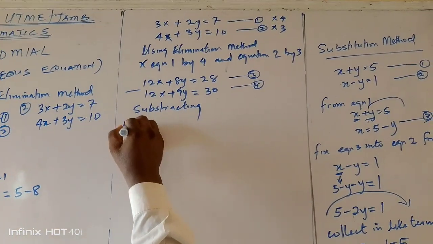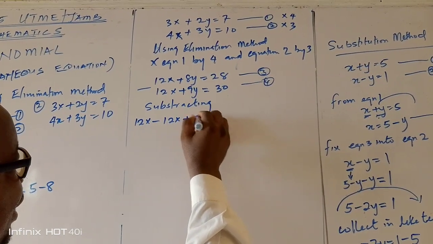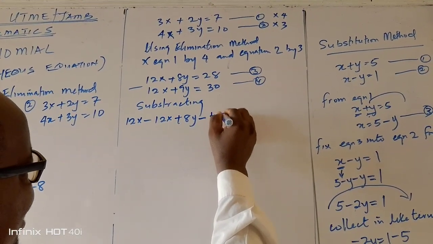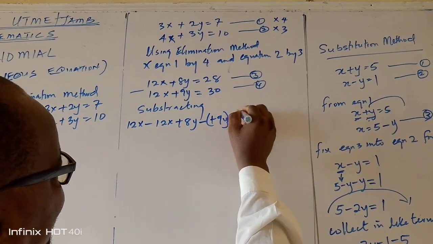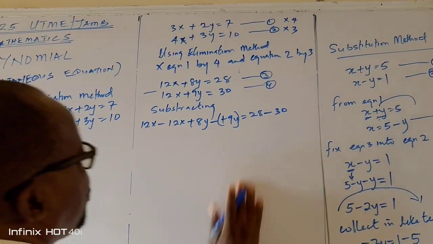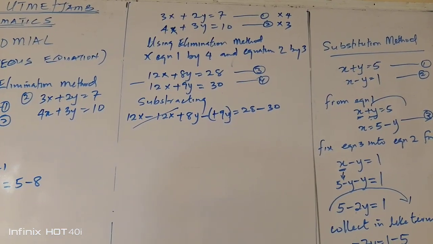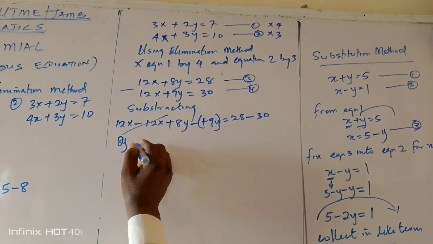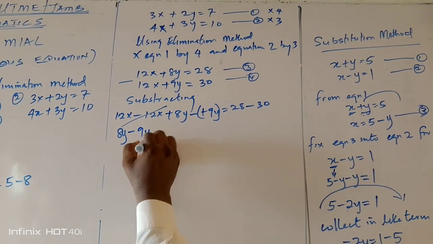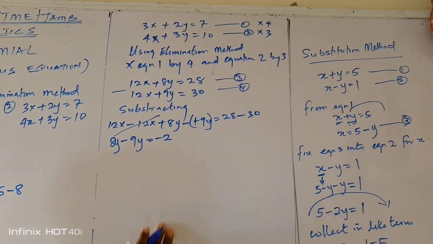So I'll have 12x minus 12x plus 8y minus plus 9y is equal to 28 minus 30. 12x minus 12x eliminates out. So I have 8y, minus times plus gives me minus, so minus 9y equals 28 minus 30, which gives me minus 2.